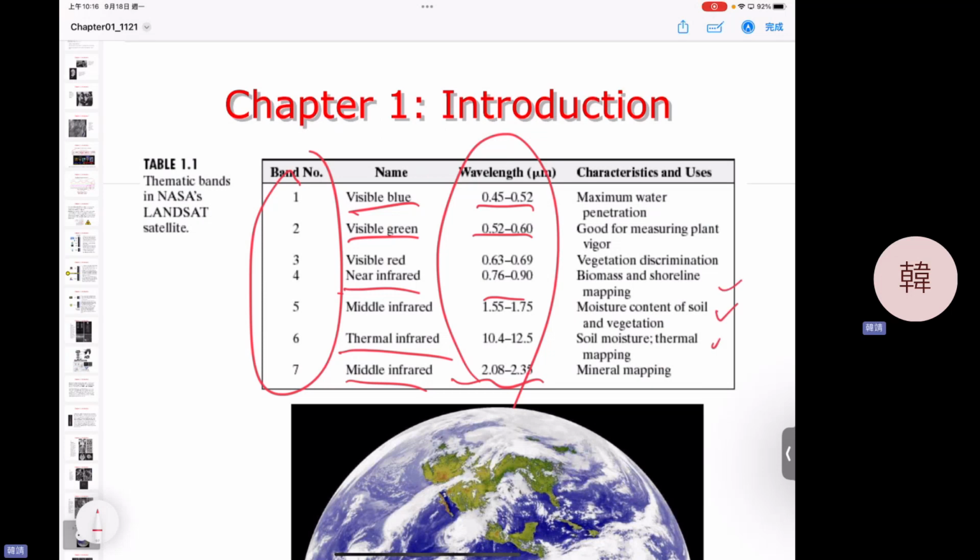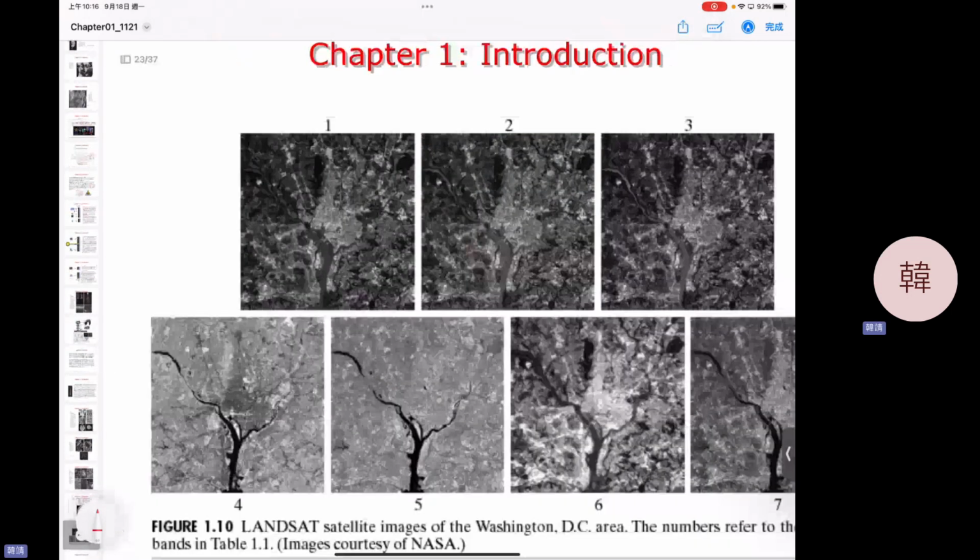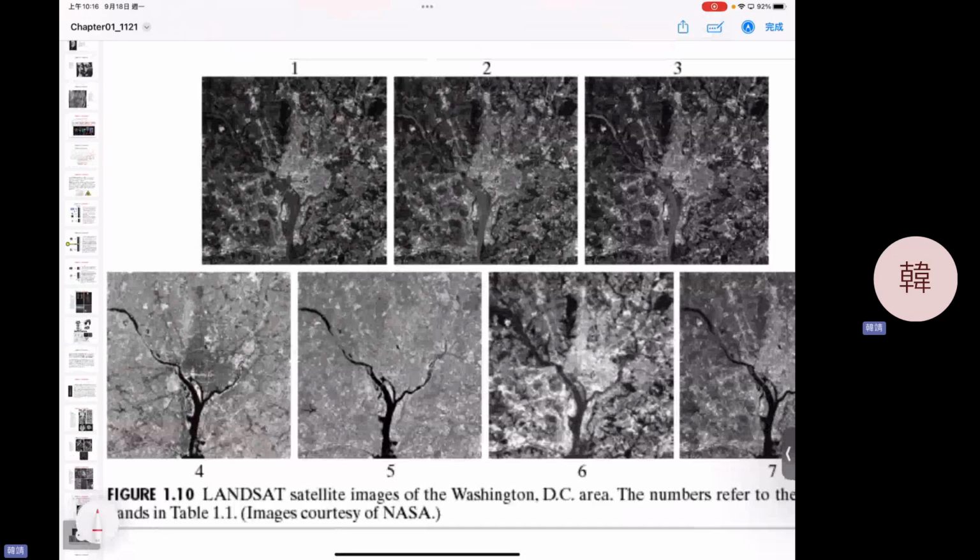From the same satellite, using different wavelengths to extract the image, you can see from seven different bands, different images. You can see some biomass, some water, some different materials. Actually, it's the same location, the Washington D.C. area, but using different wavelengths to observe the image from the satellite.